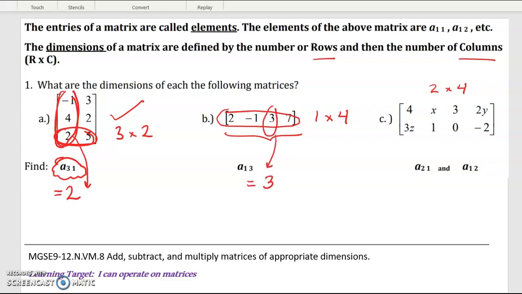That element is 3. And then A21, 2nd row, 1st column, would be 3Z. And then the 1st row, 2nd column would be X. So just to differentiate, put those side by side, 2-1 versus 1-2. Of course the order matters.